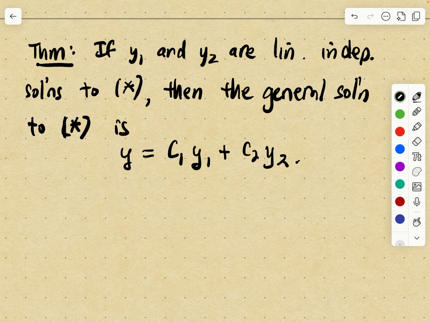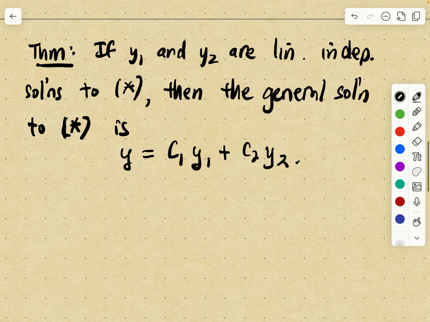So there's still infinitely many solutions, but somehow more solutions in some sense, even though it's still an infinite number, because now you have a whole plane's worth of solutions. For each pair c1 and c2 of real numbers, you get a solution, c1 y1 plus c2 y2. What that means is that for the initial value problems for these differential equations, we actually need two initial conditions. We'll come to that.